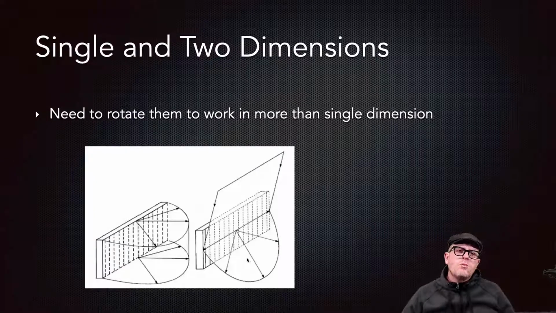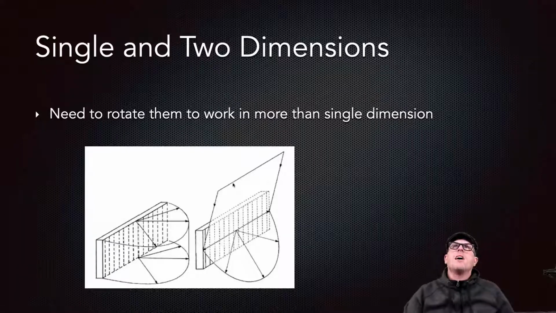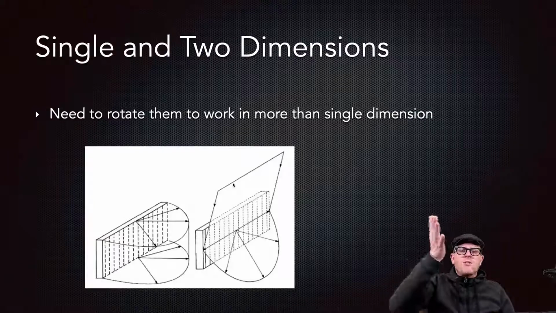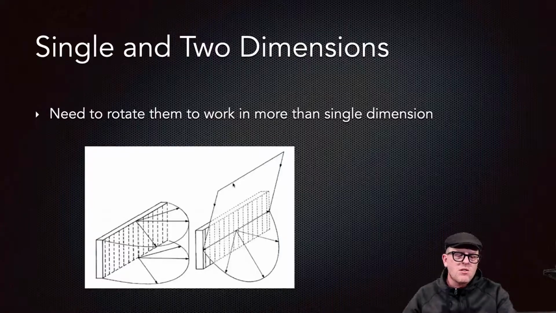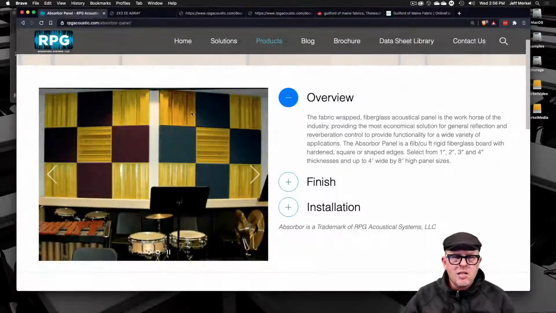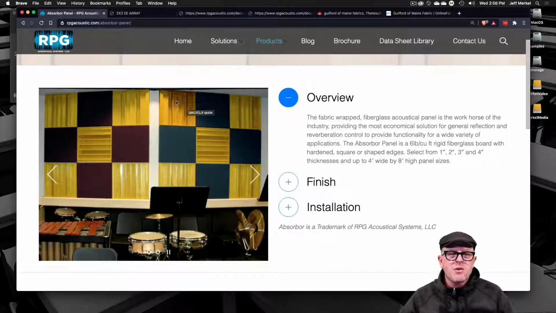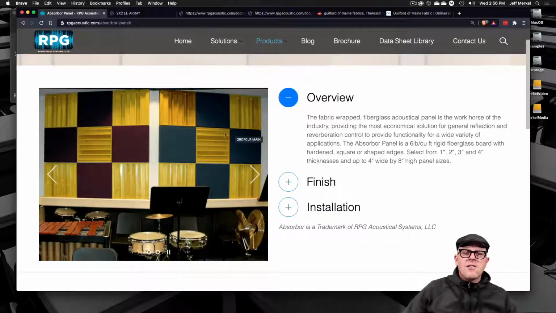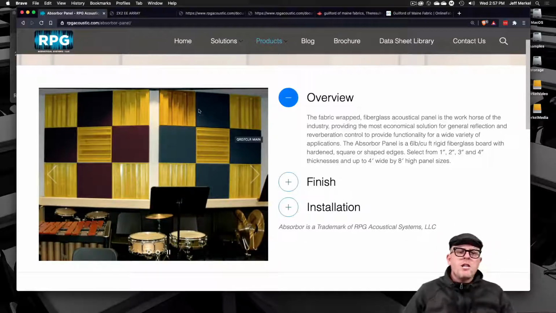So if we want to get the best effect out of this, we need to rotate them both 90 degrees in 2 different axes. We saw some of those pictures when we were looking at this, like in this case right here. This is going to diffuse in the horizontal plane, and this is going to diffuse in the vertical plane. So you want to use a combination of the 2.